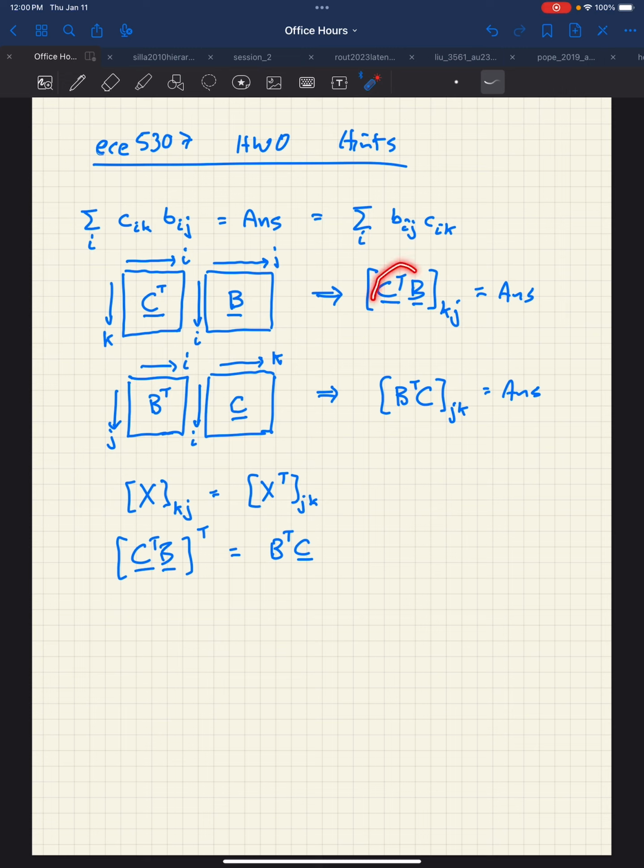This matrix is the transpose of this one, and so it makes sense that when you rearrange the two indices, you get the same thing. So these are both equal to the answer. Basically, all of that is self-consistent.